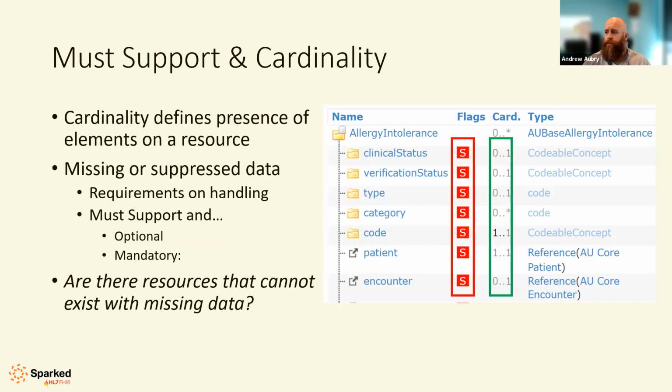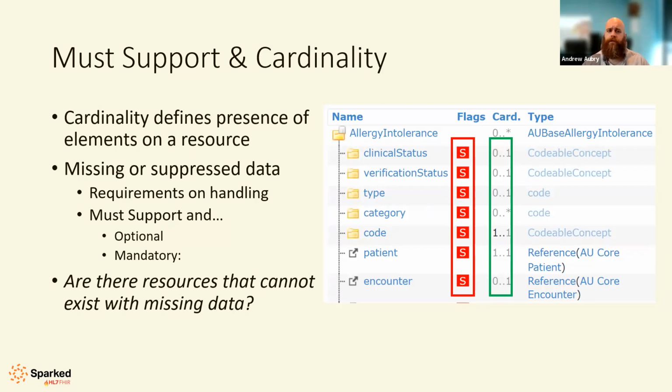The other elements that all have 0 cardinality are optional and can be excluded and just not present on the resource depending on the implementation. Must support is different because this adds additional requirements on when and how you should be populating that data, as opposed to the actual structure of the message.